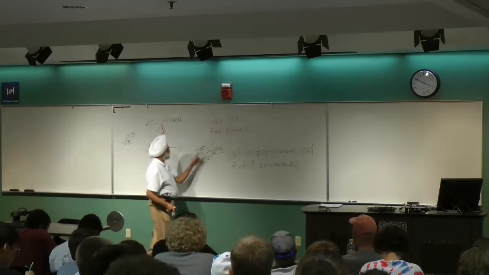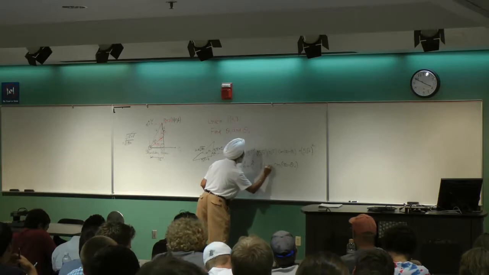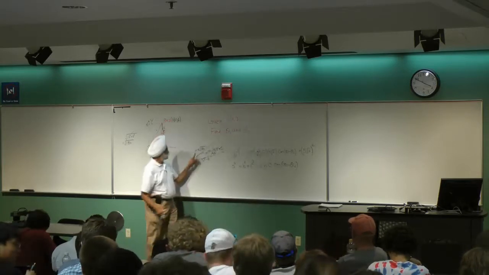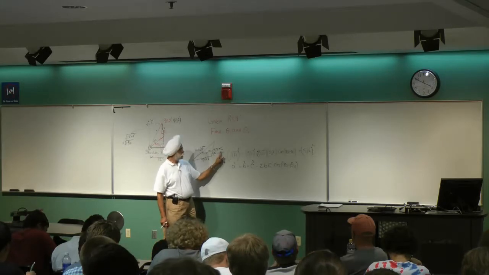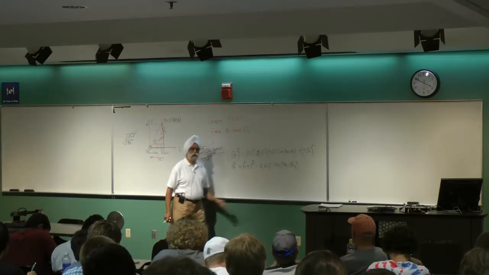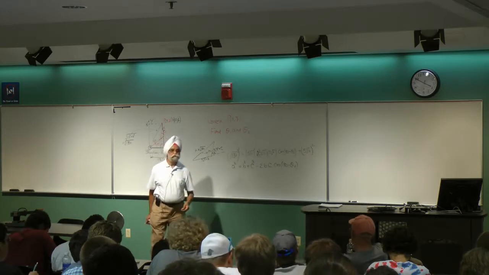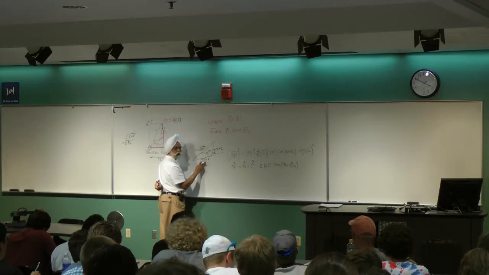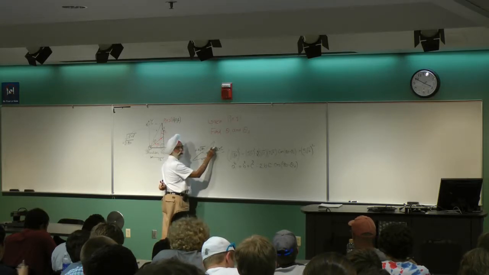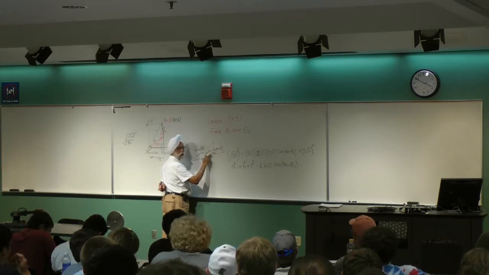So again, A, B, C. A square equals B square plus C square minus 2 times the product of the two adjacent sides. You used the word adjacent: the 180 minus theta 2 angle is adjacent to both of those sides.